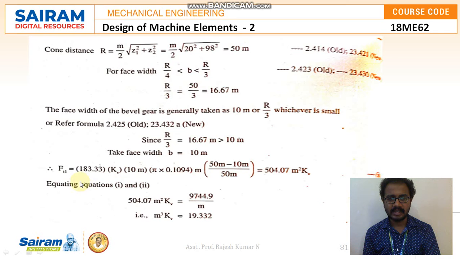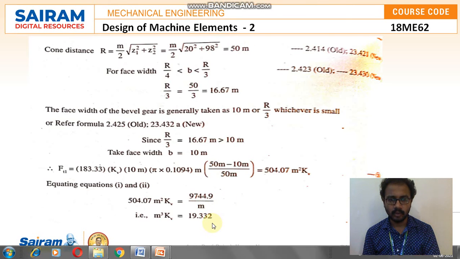Now while substituting the face width value and r value in the Ft1 value, I'm getting Ft1 as 504.07 m square into kV. So now I need to equate equation 1 and equation 2, where 504.07 m square kV is equal to 9744.9 by m, so I am getting the equation in terms of m cube kV as 19.332.